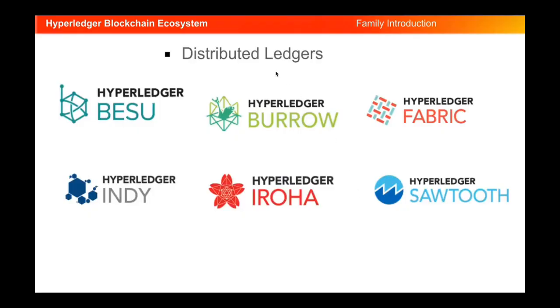In the distributed ledger section, you have different frameworks: Hyperledger Besu, Hyperledger Burrow, Hyperledger Fabric, Hyperledger Indy, Hyperledger Iroha, and Hyperledger Sawtooth. All of these frameworks serve different purposes. Our main focus for this course is Hyperledger Fabric. We will get a much deeper understanding of Hyperledger Fabric in the coming sections.